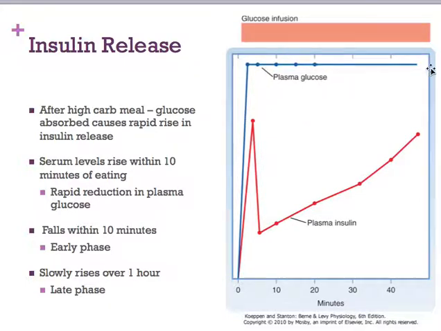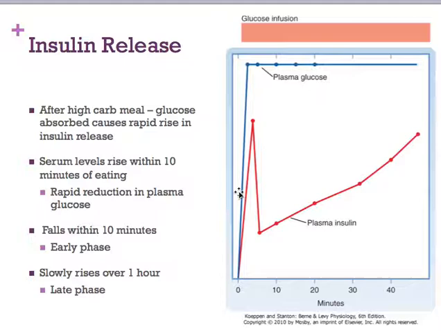This is a steady state glucose level, so we're looking here at still an insulin spike, and then insulin production goes down. And then we see a steady rise in insulin following the meal, or in this case, the infusion. So within the first 10 minutes of this spike, we have a fall. So there's a spike and a fall. This is the early phase of insulin release.